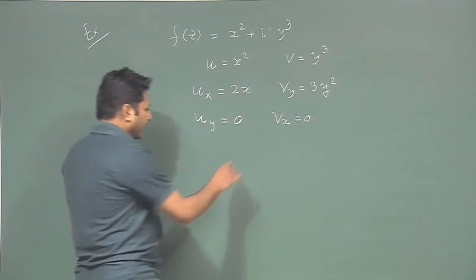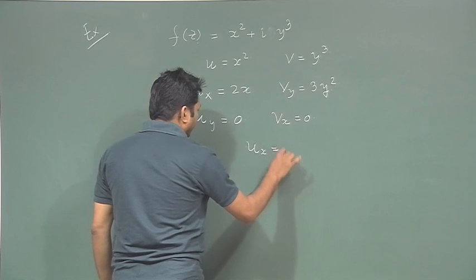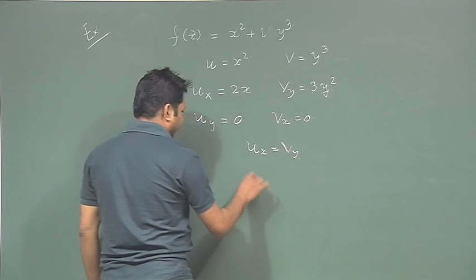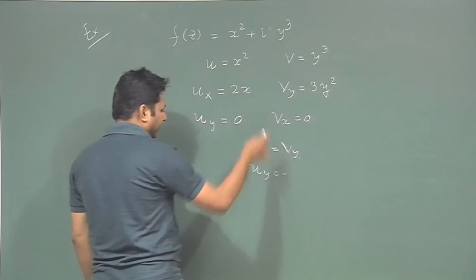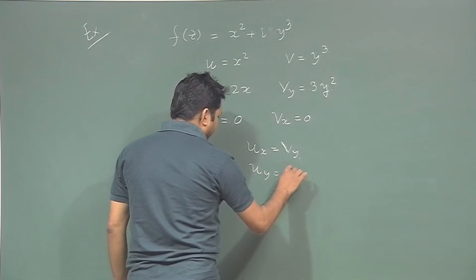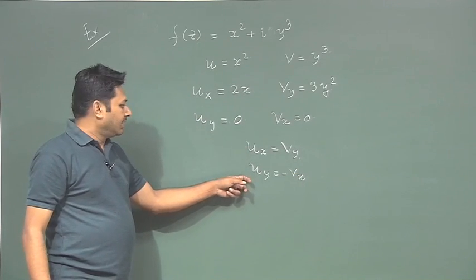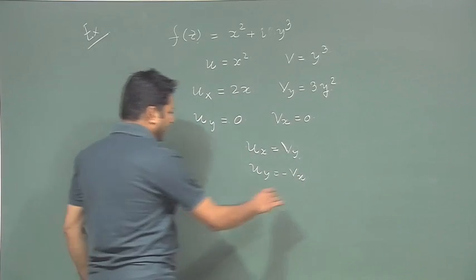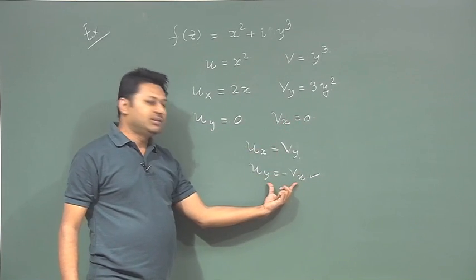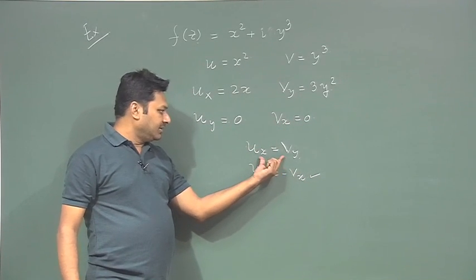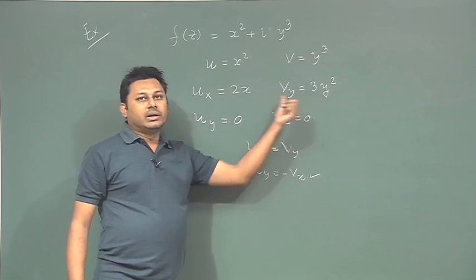Now if I try to correlate u x equal to v y with the Cauchy-Riemann equations, we find that in this case u y is 0 and v x is 0, so this is okay, but the other equation is not okay except when x and y follow certain rules.